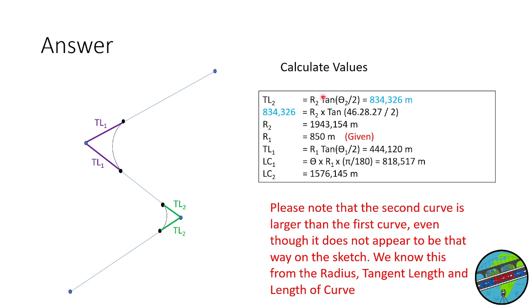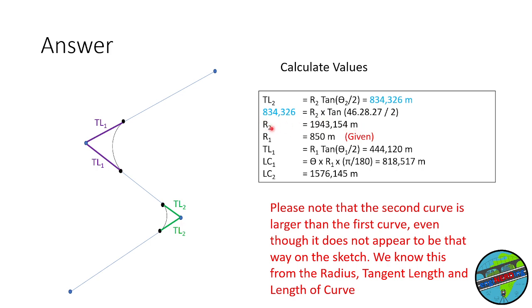Now we can use that value with the formula to calculate our radius for this curve. So we basically reorganize our formula, say the tangent length equals R2 times tan of deflection angle divided by 2. We have the deflection angle as well, which gives us our radius for the second curve.